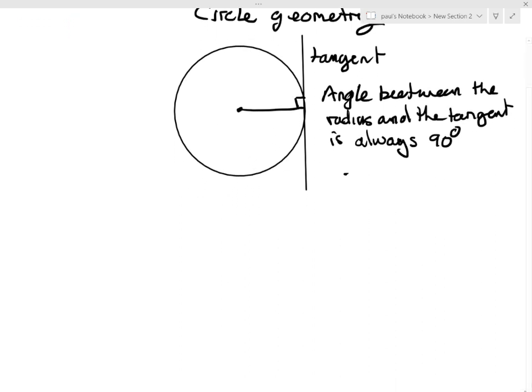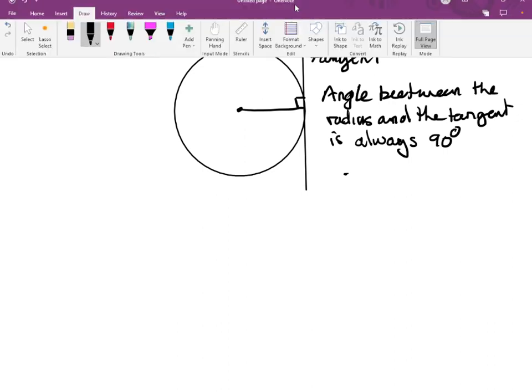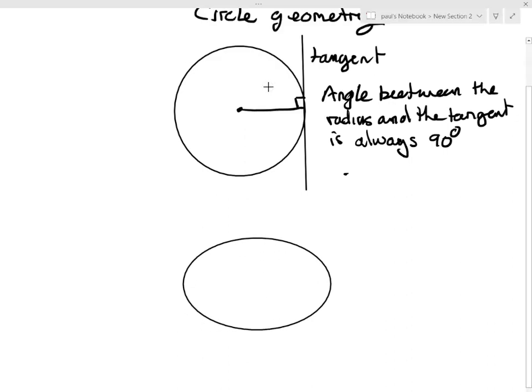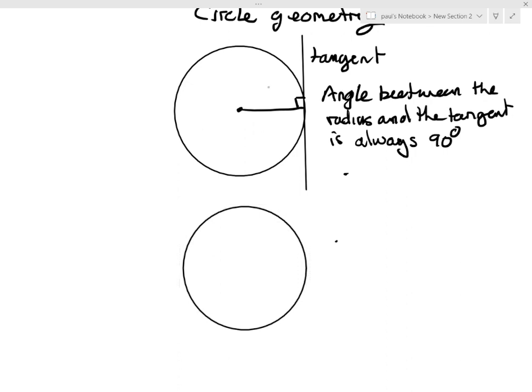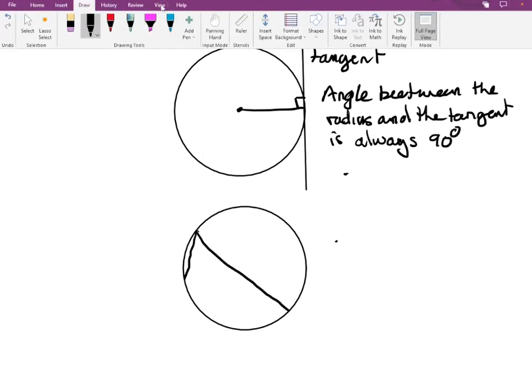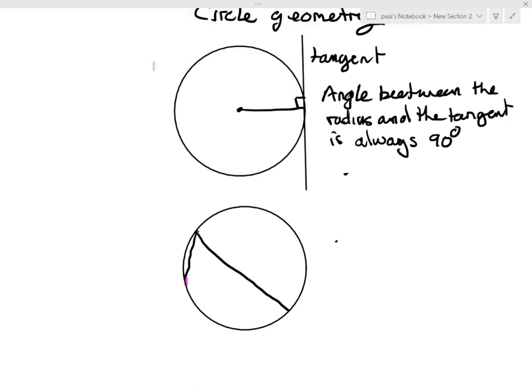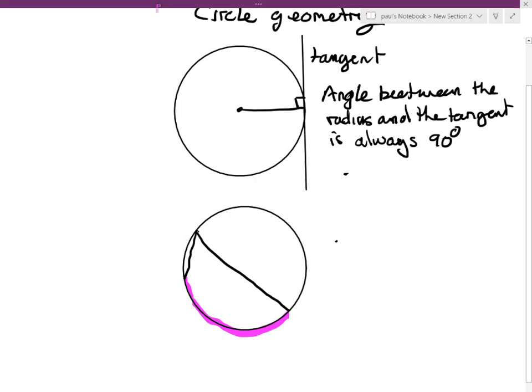Okay, so let's draw another one now, and we'll come up with another rule. There's plenty of them to have a go at. Yeah, so here's another one. Now we're going to do these freehand. Yeah, so if I do that and that, and this becomes an angle here.